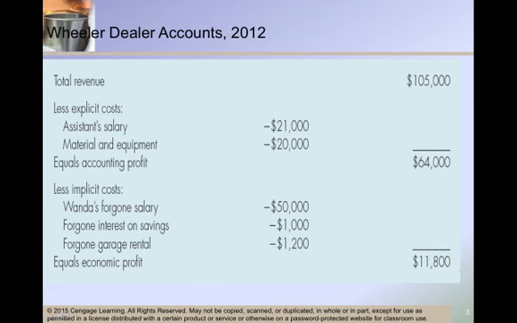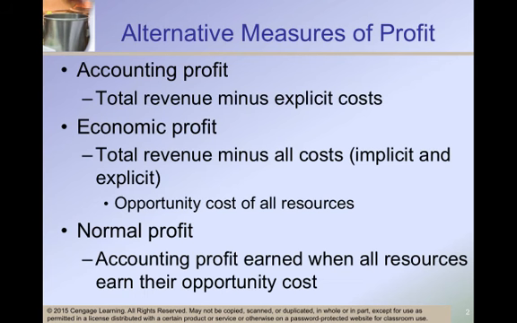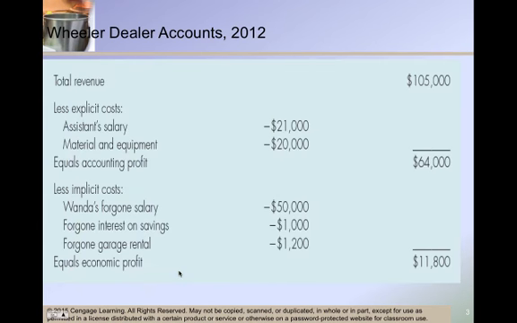Now, we talked about that idea of normal profit. Remember, we had the definition here: accounting profit earned when all resources earn their opportunity cost. So normal profit would actually be zero economic profit. That's kind of a strange idea for students when they're first thinking about these concepts, but a zero economic profit is actually normal in the long run.